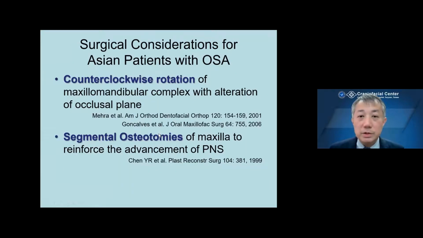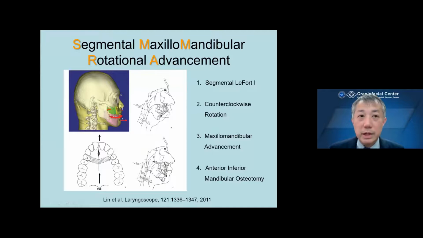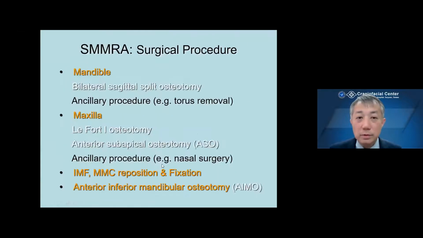Combining these two surgical designs, we created segmental maxillomandibular rotational advancement, using the segmental Le Fort I combined with counterclockwise rotation. You can see the improvement before and after surgery. The pharyngeal airway increased, and the facial profile and occlusion came back to normal.